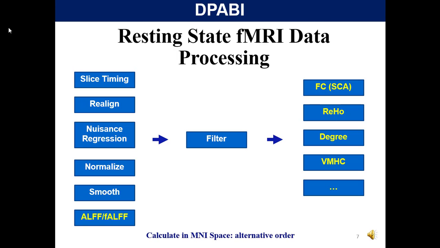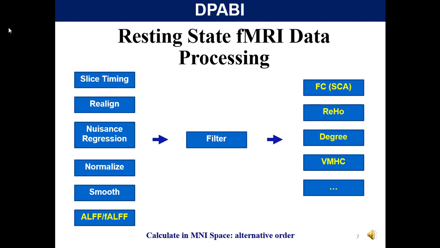In the pre-processing, we will first do slice timing, then realign, and do nuisance regression to remove the noise signals, then spatial normalization, smoothing, calculate ALFF, and filter the data. Usually we cannot filter before ALFF and fALFF, because fALFF is the low frequency band amplitude normalized by the full frequency amplitude.